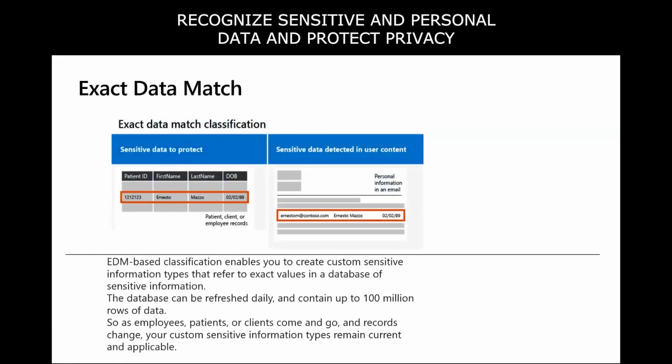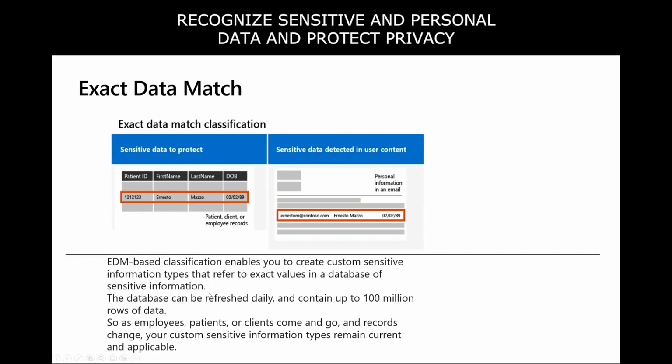The second is the exact data match. Let's say you have a database of your patient records, okay? You have your patient ID, first name, last name, date of birth. Now, if anyone is sending an email or a document that has these four pieces of information, or any subset of this information, it will be detected as sensitive information, right?